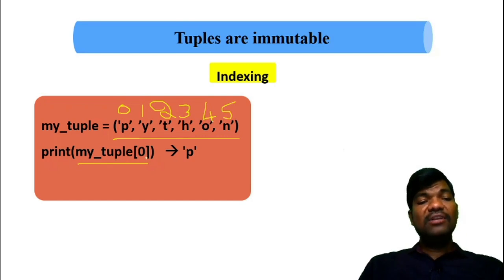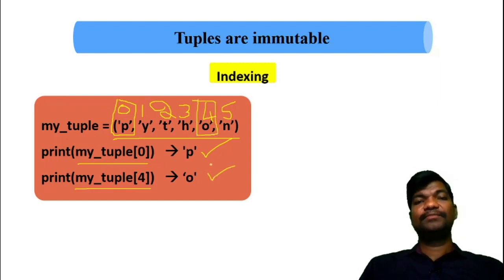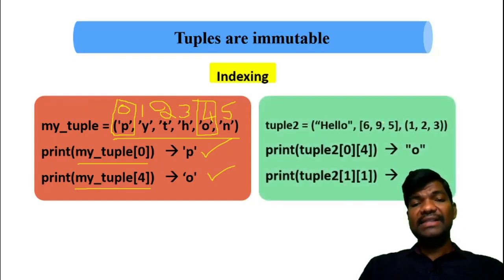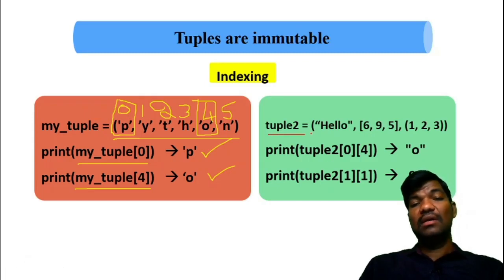My tuple of 0 means the 0 indexed element is selected, P. Next one, my tuple of 4. So the element at 4 is O, that is selected. Now take another example, tuple 2. Tuple 2 is, this is 0 index, hello.